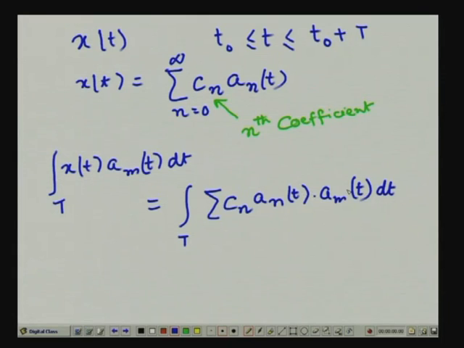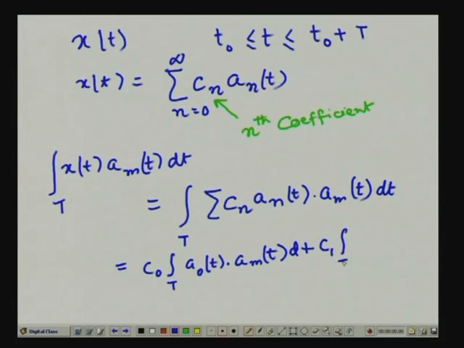Now, if I expand this, it will be of the form C_0 times the integration over capital T of a_0(t) into a_m(t) dt, plus C_1 times the integration over the same interval T of a_1(t) into a_m(t) dt, plus it will continue like this.